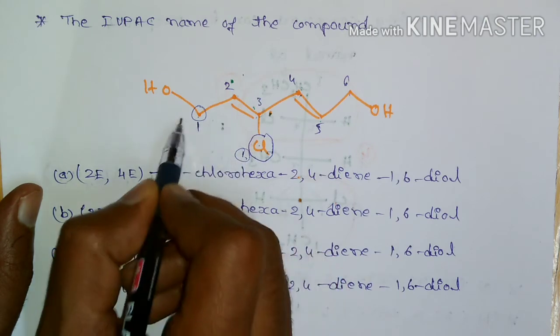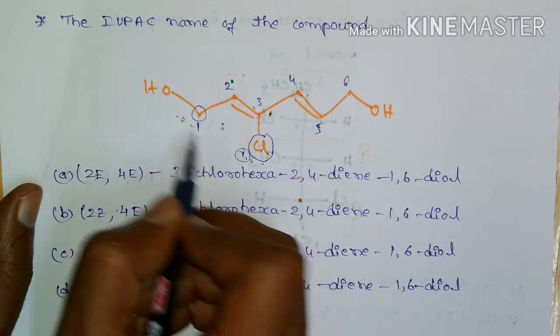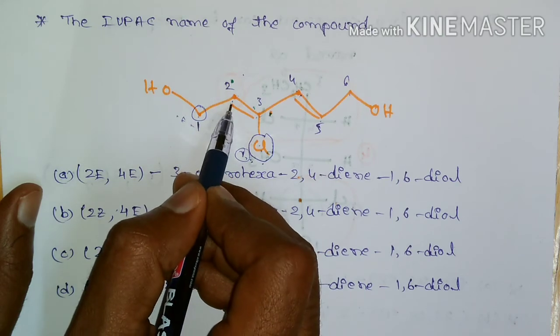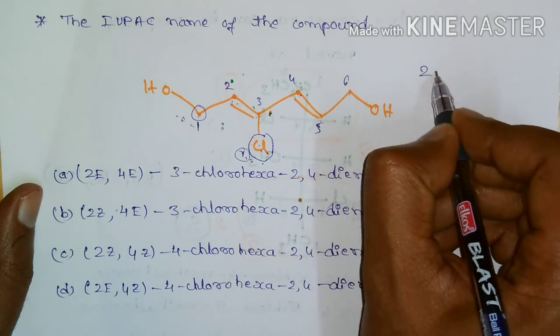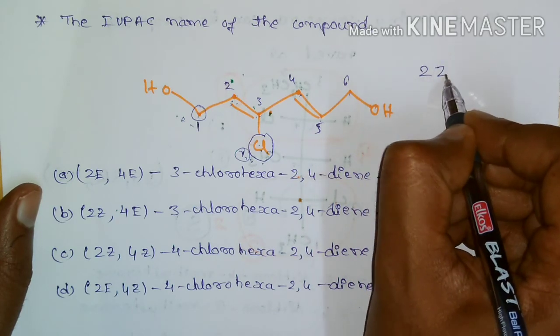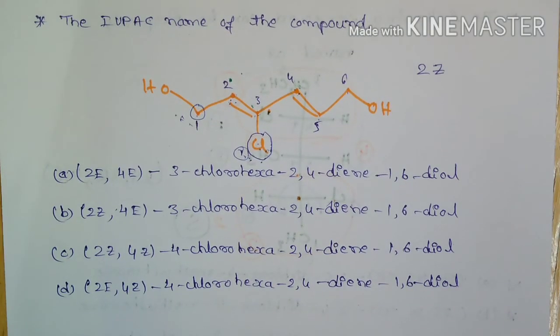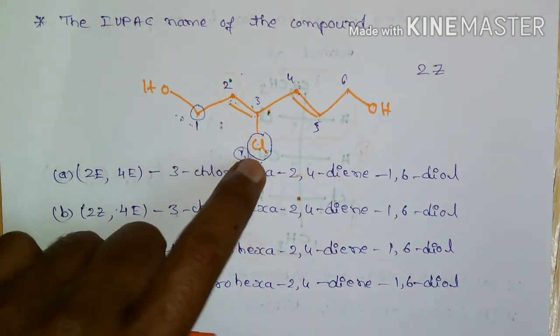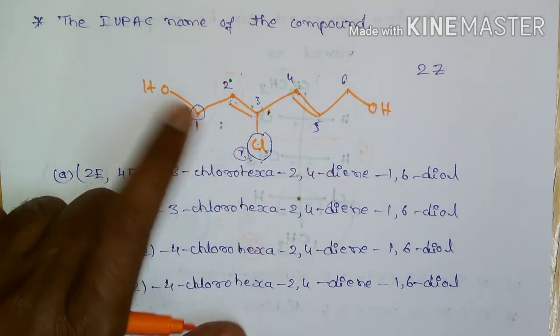So 1 and 3 are on the same side, so at the second position the configuration will be 2Z, because the two higher priority groups Cl and CH2 are on the same side.